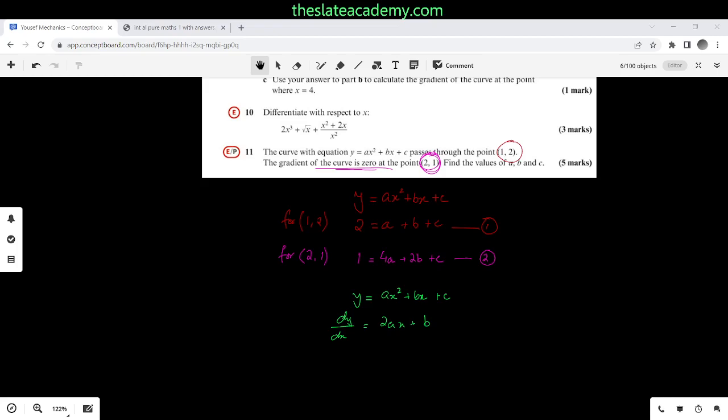And 2ax plus b becomes 0 when it is passing through 2 comma 1. At 2 comma 1, dy by dx is equal to 0. So I put dy by dx equal to 0, 2a, and instead of x I put 2, plus b.